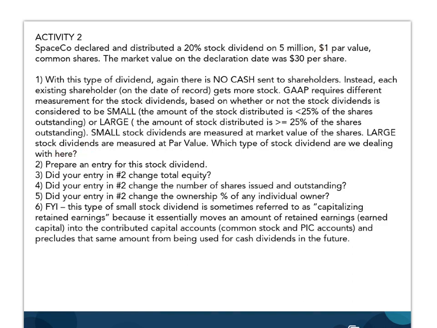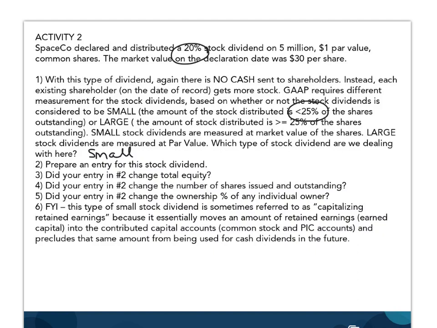Is it a small or a large stock dividend? I'm pretty confident that you can recognize that 20% is smaller than 25%. So this is a small stock dividend because it is 20%.